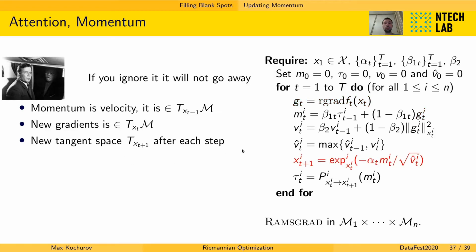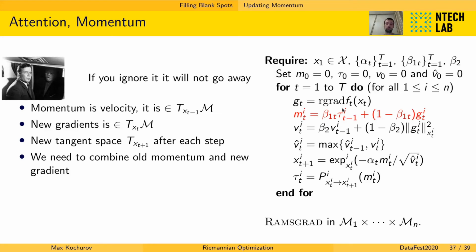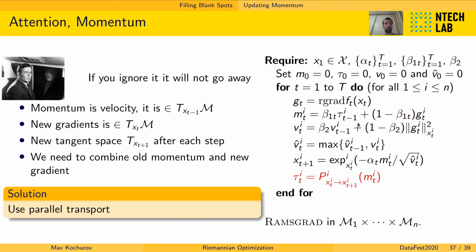After the step is complete, we have a new point xt plus 1, and it will be in the new tangent space. But we need to combine tangent vectors from one space and another, two tangent spaces at different points. The way to do that is to use parallel transport and fix the tangent spaces, so that the old momentum is transported to the new place and lies in exactly the space where the new iteration will be performed.